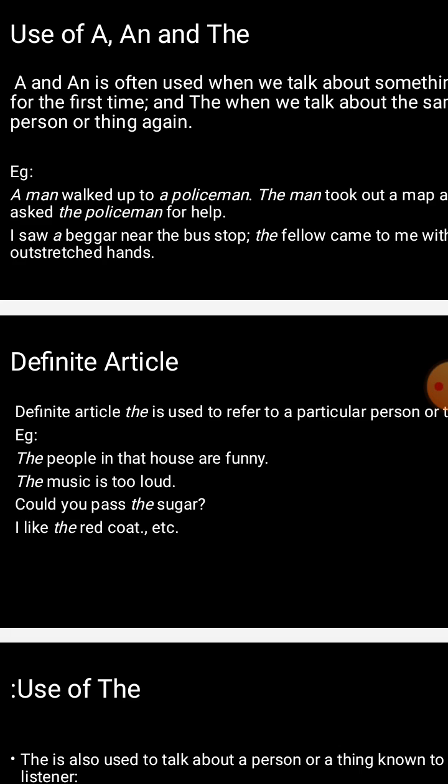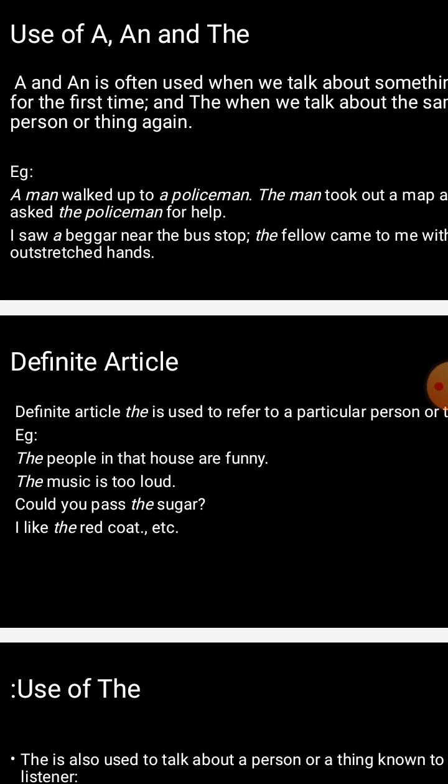Why can't you say a people? Now you're not referring to some person in general. The people in that particular house. So you know you are referring to the people in that particular house, and that is why they are definite, you are sure, and that is why you say the people in that house are funny.